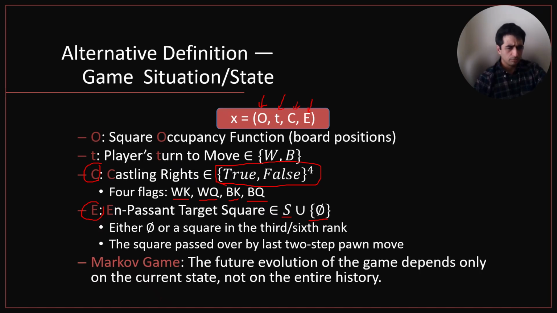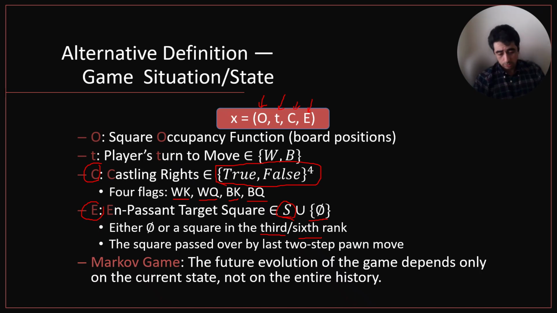But the en passant target squares will only be on the third rank or sixth rank. If you're interested in knowing what en passant means, you can Google that. I don't want to waste your time on that. But basically, the en passant move captures a pawn that makes a two-step advancement from the second rank to the fourth rank for white, or from the seventh rank to the fifth rank for black.